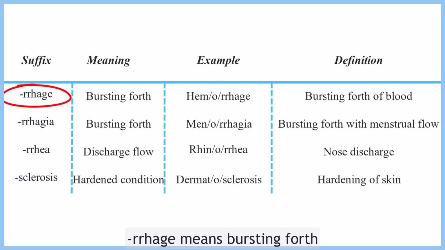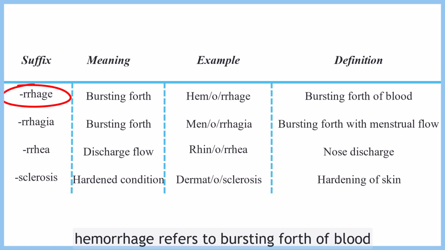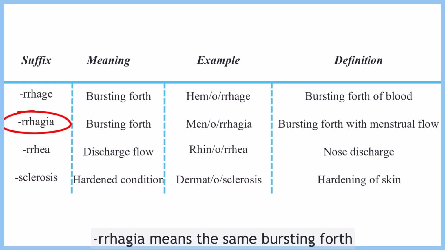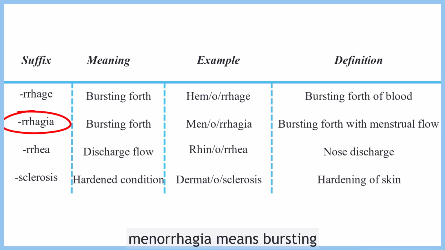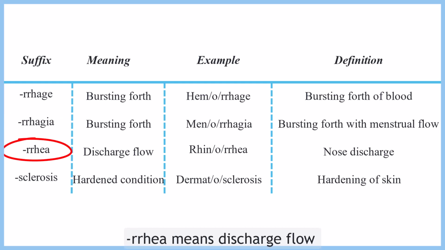Rrhage means bursting forth. Hemorrhage refers to bursting forth of blood. Rrhagia means the same, bursting forth. Menorrhagia means bursting forth with menstrual flow. Rrhea means discharge flow. Rhinorrhea, discharge from nose.